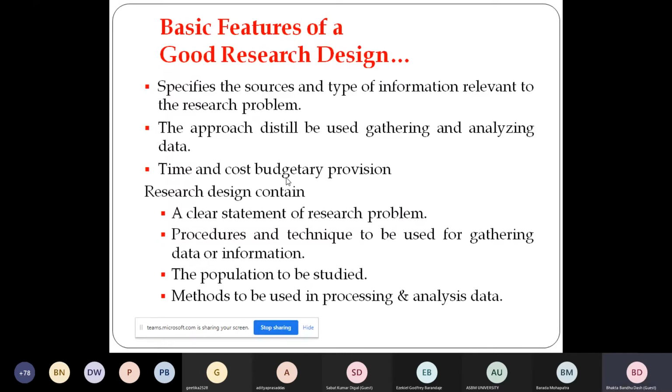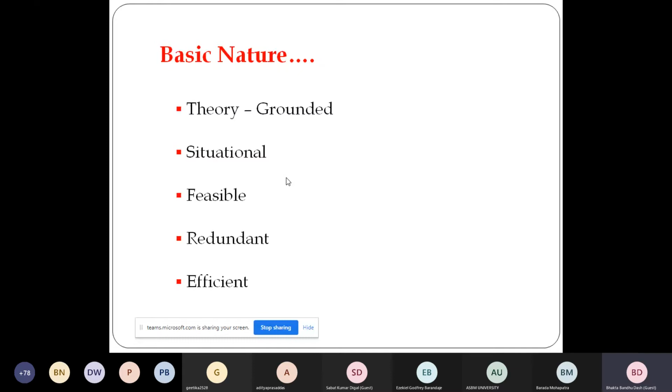A good research design constitutes a clear and indicative research problem. Procedure and technique, that you are adopting to collect information. And the population you are collecting for the study, how scientifically you are deciding the population. And the method you are adopting in analyzing it.